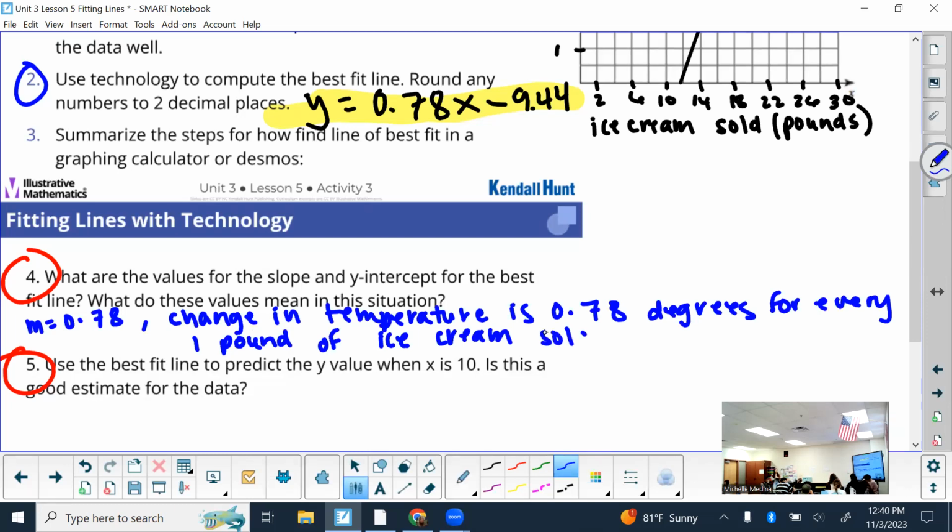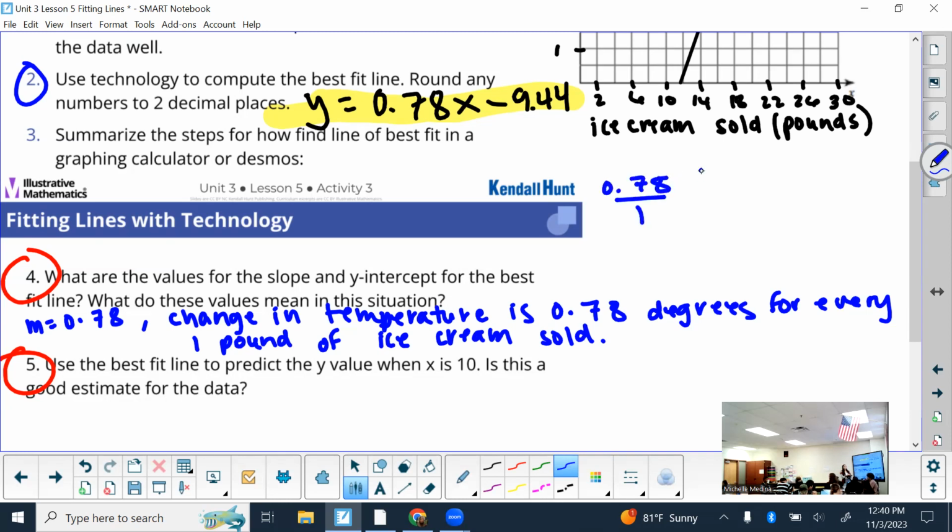So think of it as rise over run if you're ever unsure. Slope is rise over run. What's on the y-axis? What were the y's in the situation? For the whole class now. So what was y in the situation? The temperature is changing. Okay, yeah, and so when slope is rise over run, that means that the 0.78 over 1 is technically what it is.